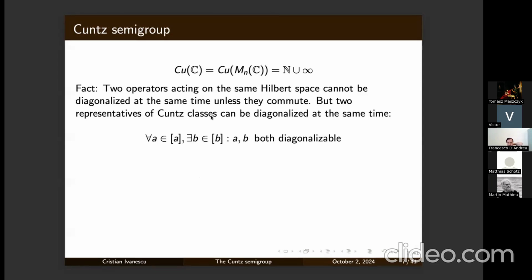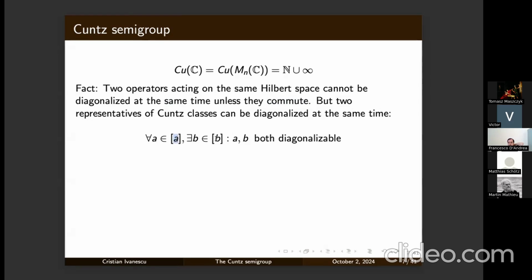Two operators acting on the same Hilbert space in general cannot be diagonalized at the same time unless they commute. Now, what's very interesting is that if I take the Cuntz classes, so now I take all the positive operators, I do the quotient, what I claim is that two Cuntz classes can be diagonalized at the same time. And let me explain what I mean by that.